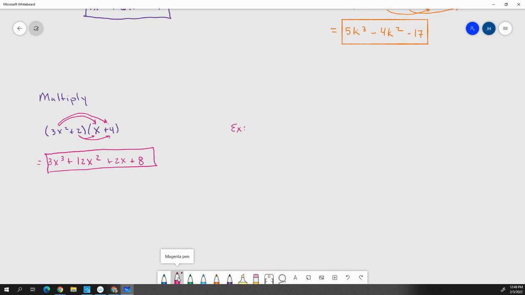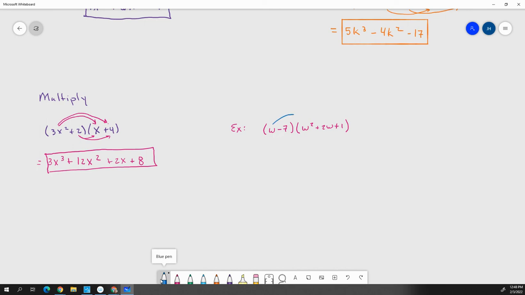First one I'm going to give you is, we're going to say W minus 7 times W squared plus 2W plus 1. Now notice, this is a binomial, but this one here is a trinomial. It's going to work the same way, though.